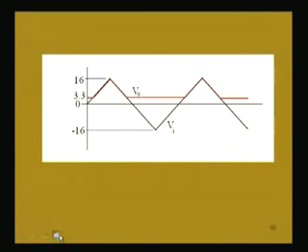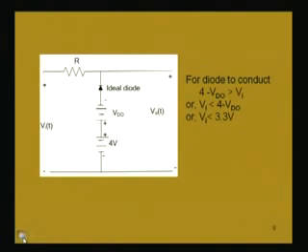So, we now get output voltage plot versus input voltage plot. This input voltage is triangular voltage having peak value 16 volt. So, the output V naught if we draw. So, we have seen that when Vi is less than 3.3 volt, it will be conducting. Now, when it conducts, what will be this voltage?